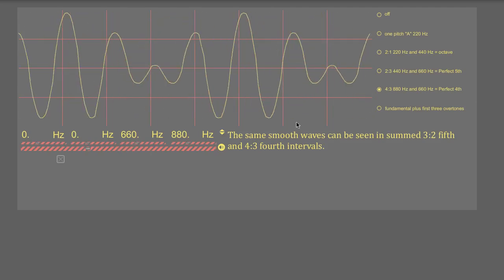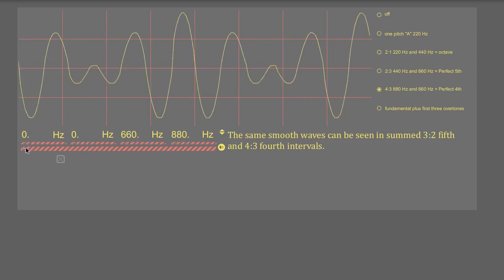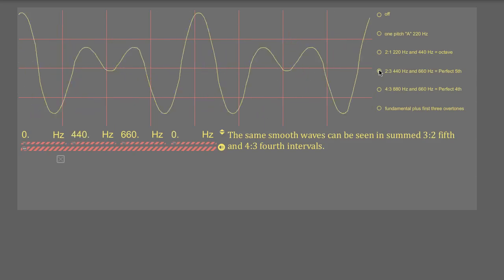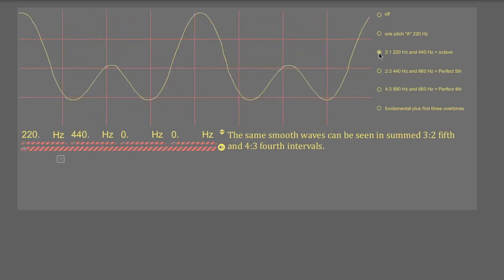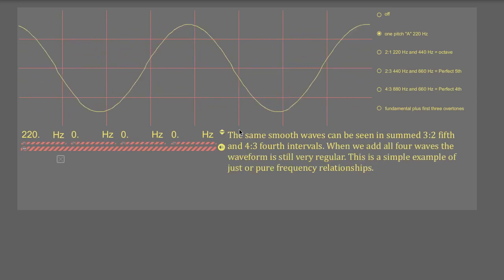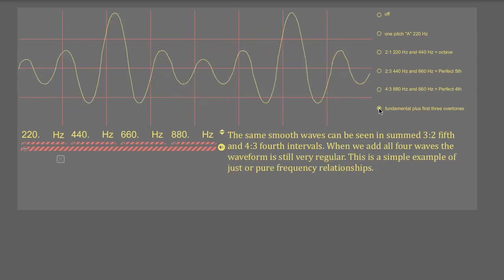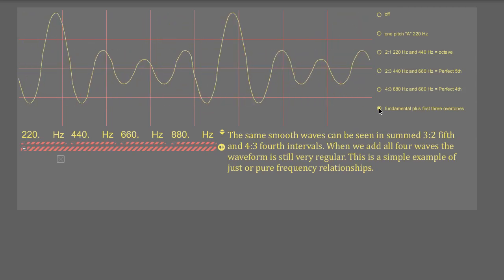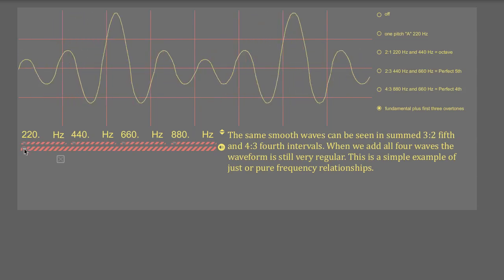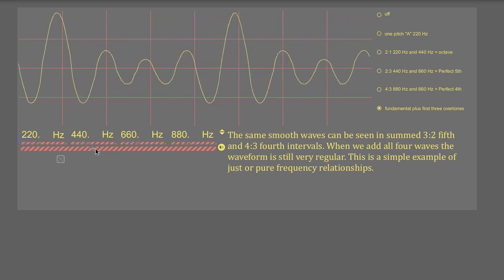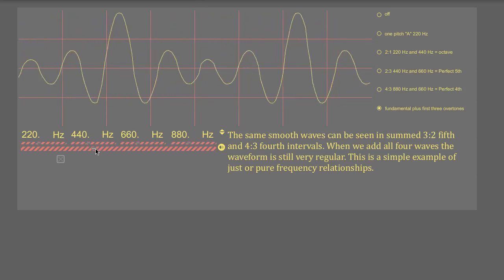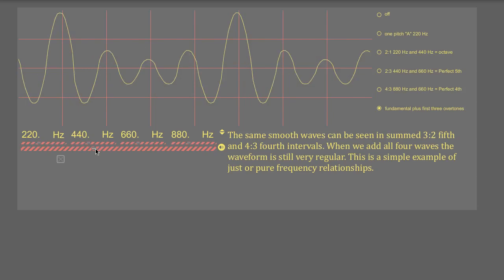We notice that in each case, the waveforms are very smooth and regular and show some pretty cool patterns. When we add all four waves, the waveform is still very regular. This is a simple example of just or pure frequency relationships. All of these simple whole number ratios, when we add them together as waveforms, show how these sounds are very stable.